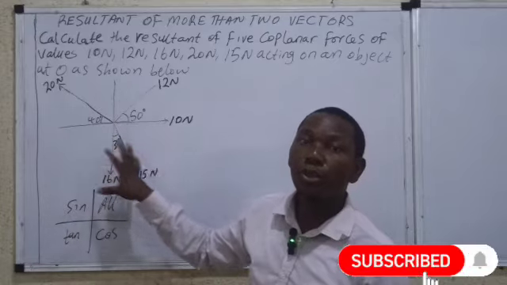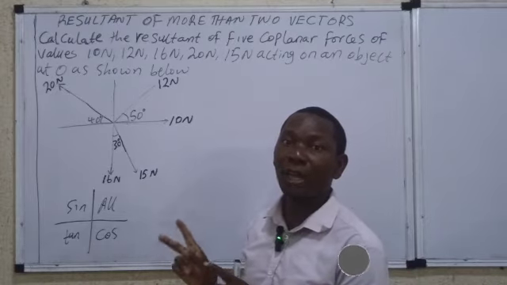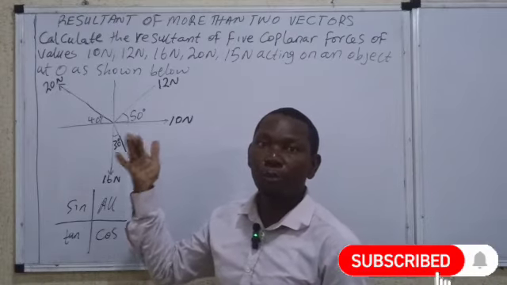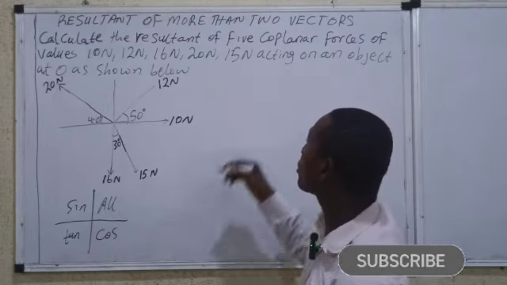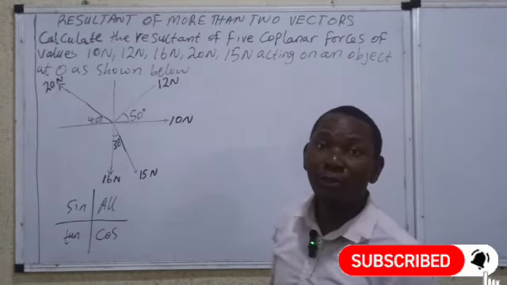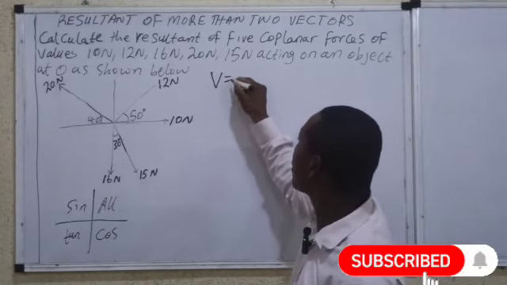Once you know this, for this kind of vector what you need to do is resolve it into 2 perpendicular parts, the horizontal and the vertical component. So, how do you get the horizontal component? You can watch my video on resolution of vectors. The horizontal component is gotten using this formula.